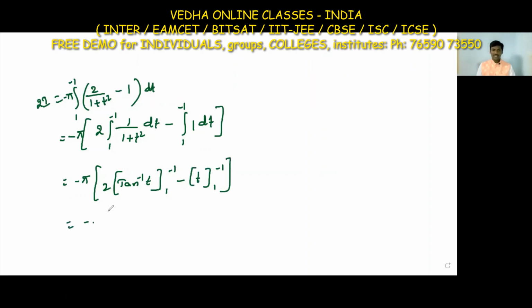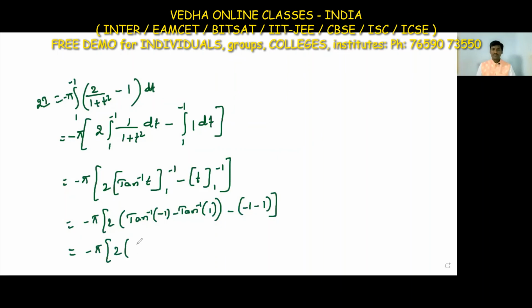Now minus pi into 2 into tan inverse of upper limit -1 minus tan inverse of lower limit 1, minus of again upper limit minus lower limit. This is equal to minus pi into 2 into tan inverse of -1.